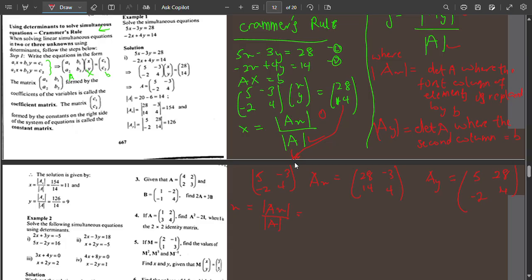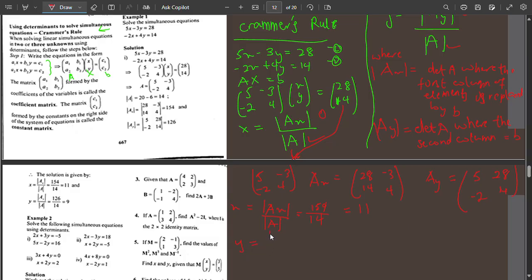That will be plus 14 times 3. The answer is 154, divided by the determinant of A. The determinant of A is 20 minus 6, that's 14. This gives us 11. So x is equal to 11.